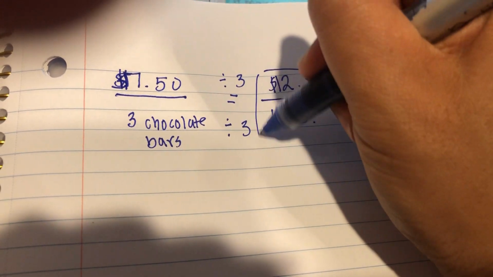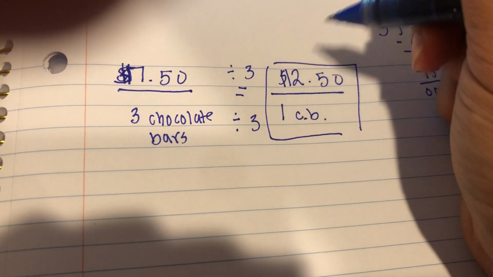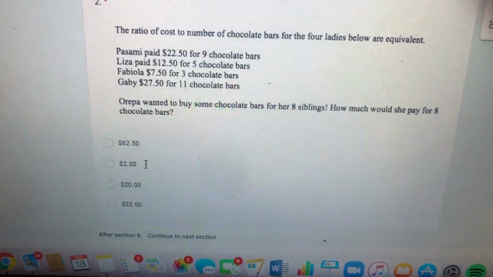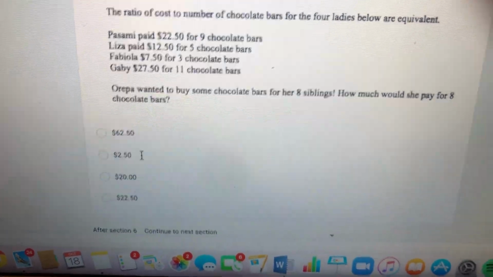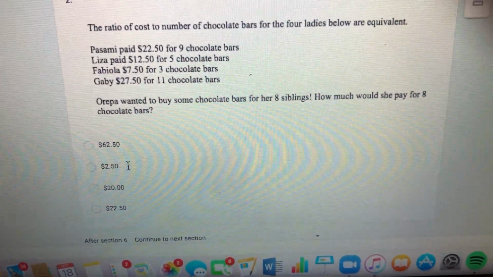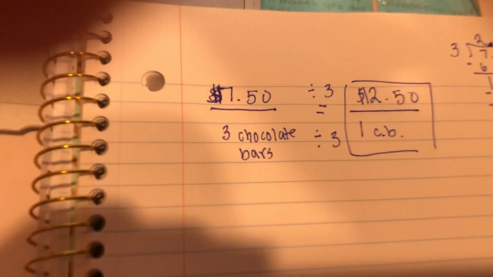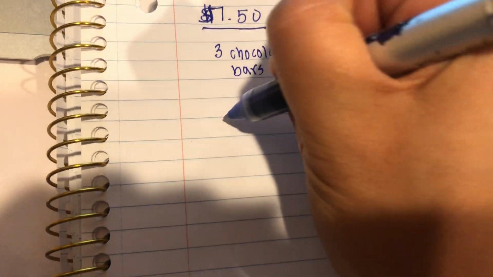So the first thing we're finding is the unit rate or the constant of proportionality, but we're not done. Don't choose $2.50 as your answer, because the question's not asking us that. The question is asking us, how much would she pay for 8 chocolate bars? So I'm going to use my ratio right here.